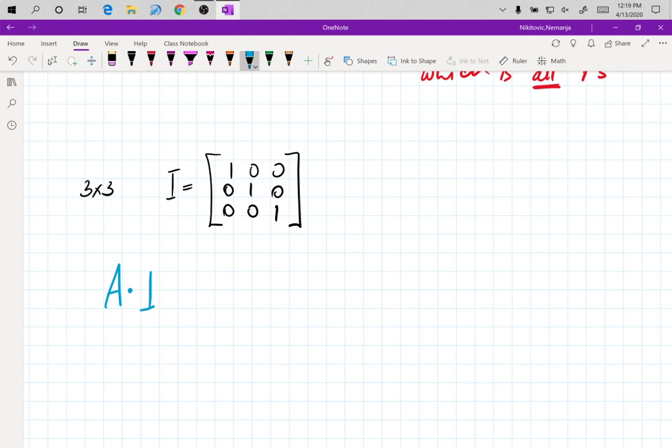A times I is the same as I times A, equals A. So if you are multiplying by identity matrix, it's commutative.